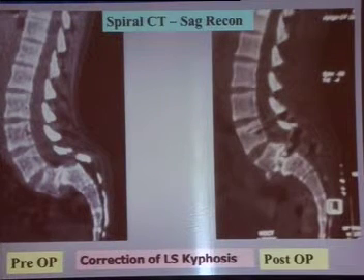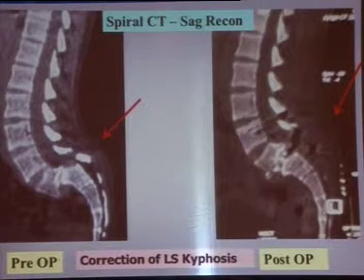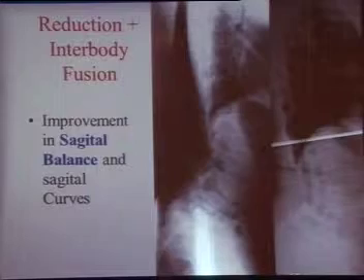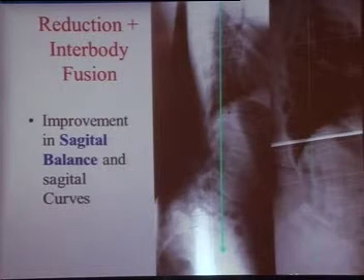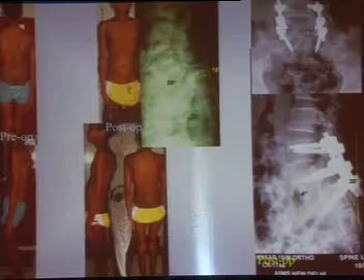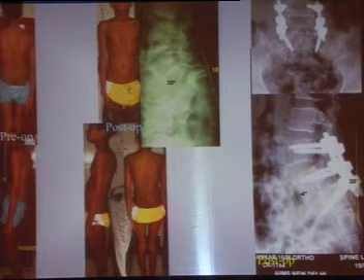Also, in the long run, you see that the sagittal balance has been restored, as you see in these spiral CT sagittal balance. And it's very obvious if you look at the soft tissue there that the local lumbosacral kyphosis has been corrected. And of course, your sagittal balance, which is now so much talked about, is restored, and your spine is well balanced with your pelvis as well as your hips.